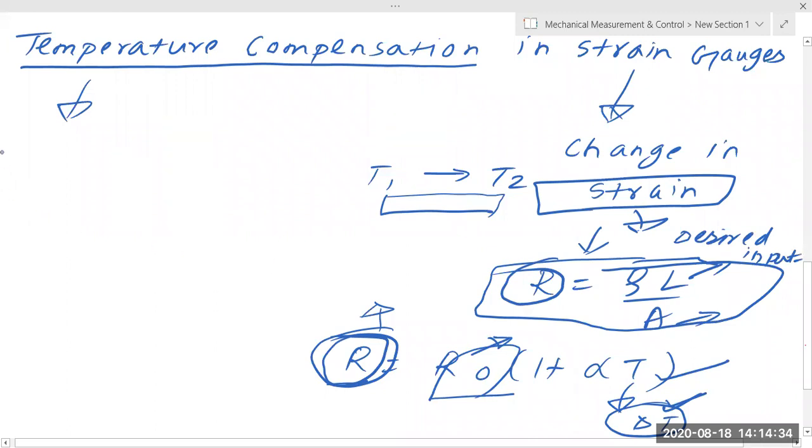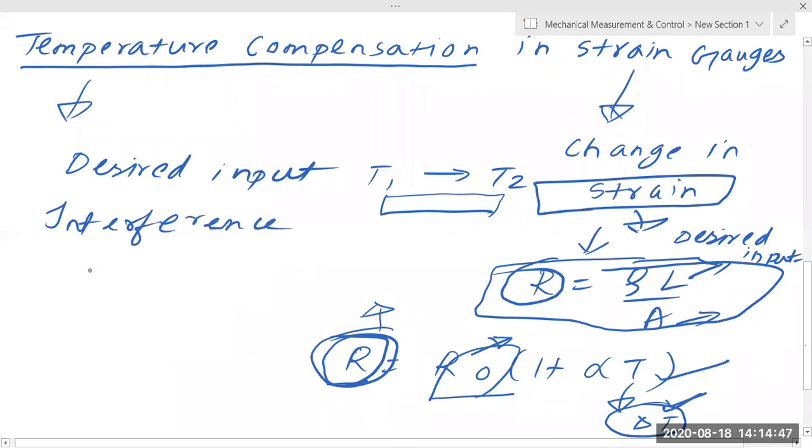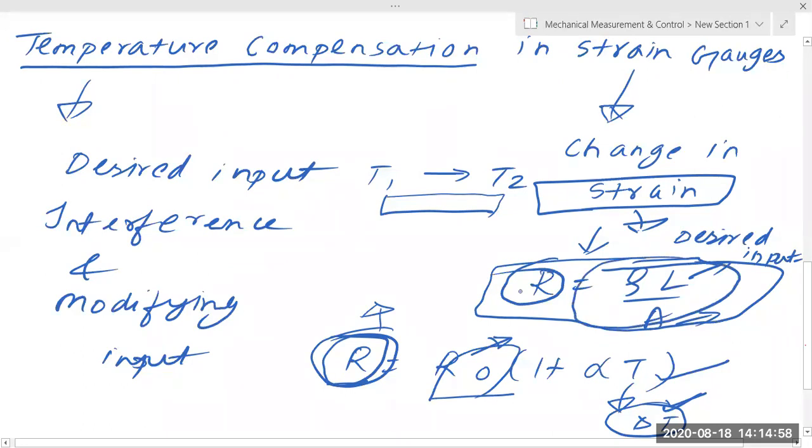Now, with the desired input, suppose there is some kind of interfering and modifying input also acting on the system. We know that whenever there is strain change, resistance will change.